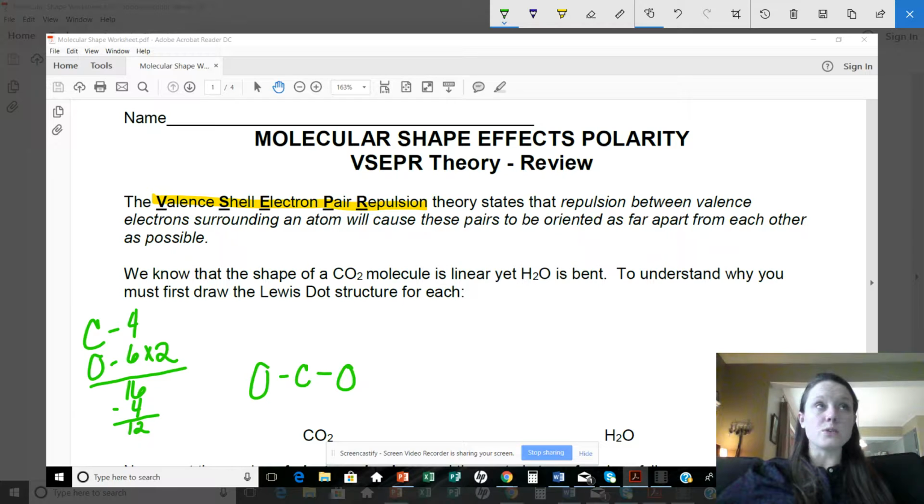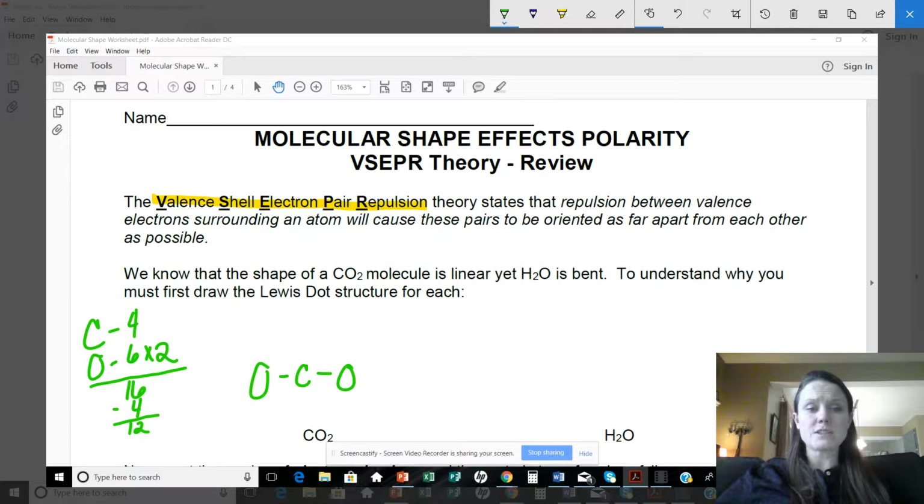Okay. Now, in order to complete the octets on all 3 of these atoms, I would need 6 electrons around this oxygen, 4 electrons around this carbon atom, and 6 electrons around this oxygen atom. Okay. Now, just to review where I'm getting those numbers, each atom needs 8 electrons in its valence shell.